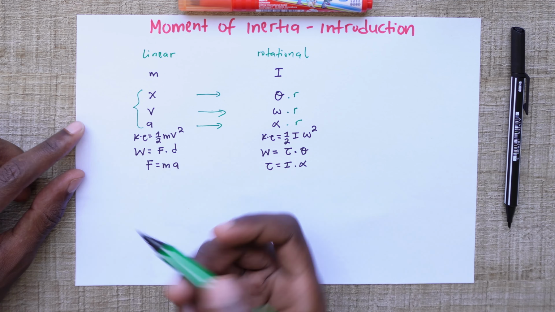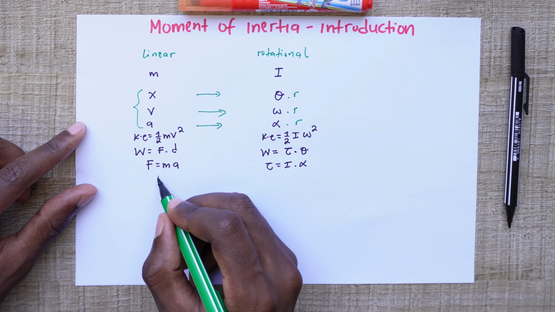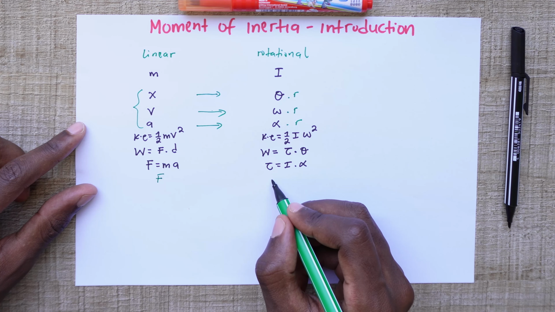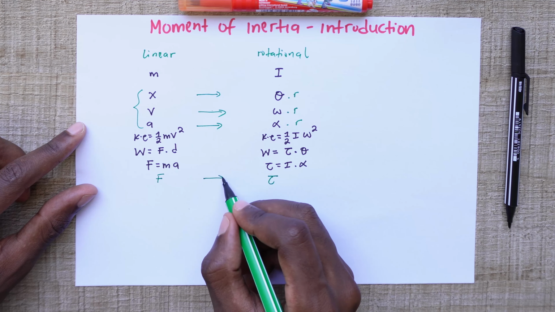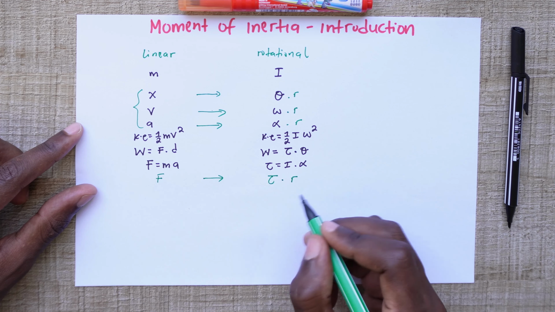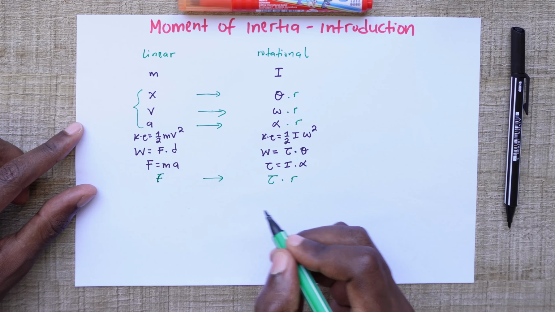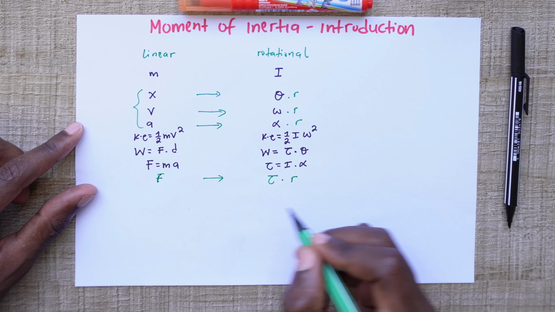It can also work for the force. If you have a force F and you want to express it in terms of the torque, then the force is just the torque times r. No, I mean, it's the other way around. I didn't express it in the correct way.